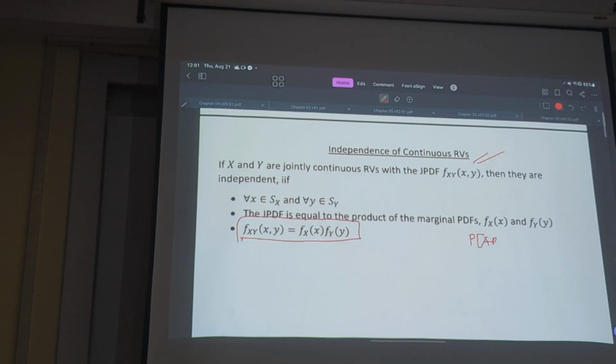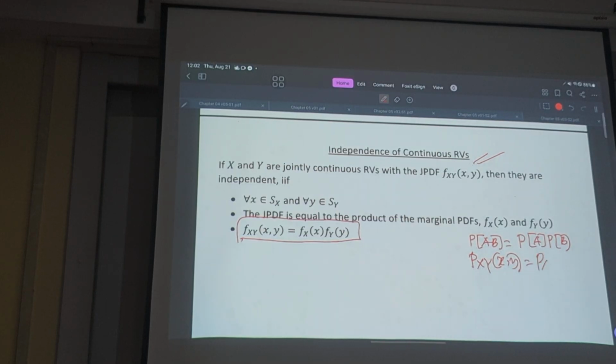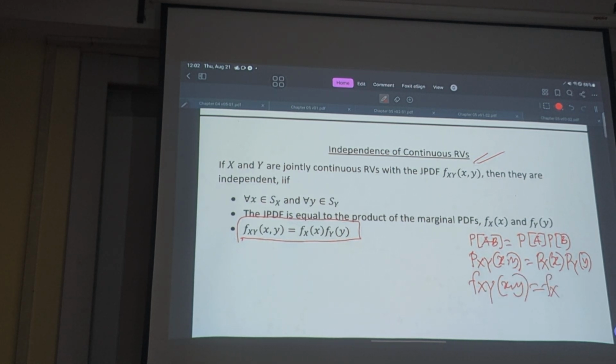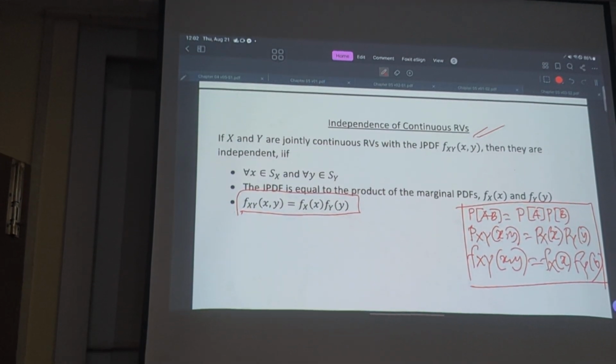For events A and B, it will be equal to probability of A times probability of B. For discrete random variables, the joint PMF of x, y will be equal to their individual PMFs. For continuous random variables, the joint PDF will be equal to their marginal PDFs, right?